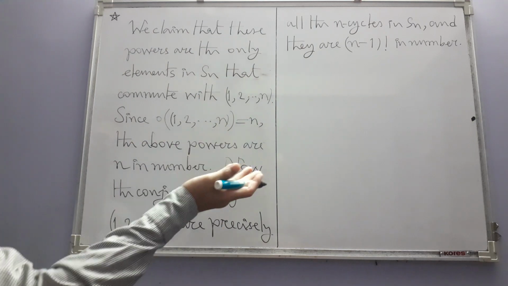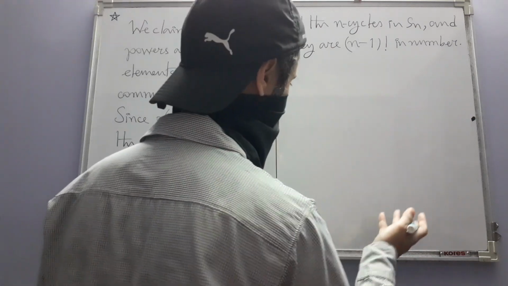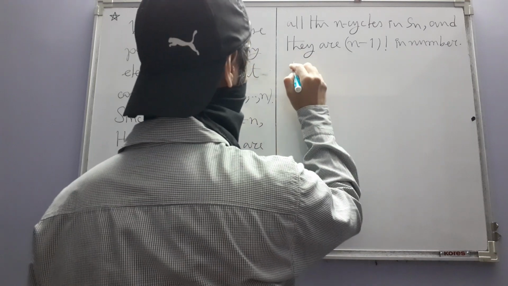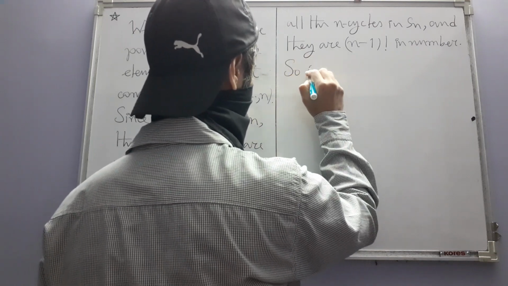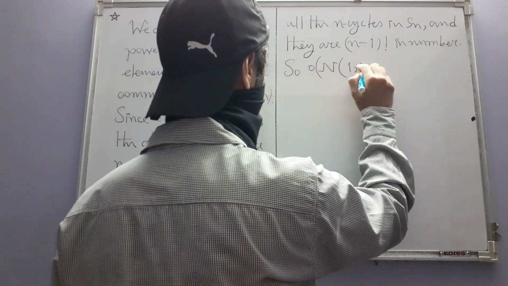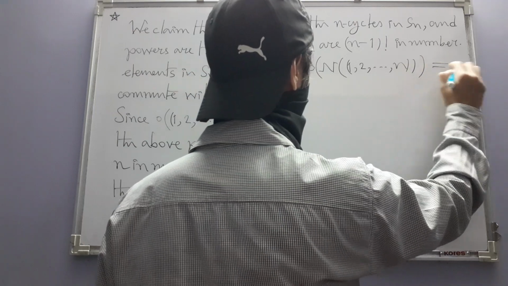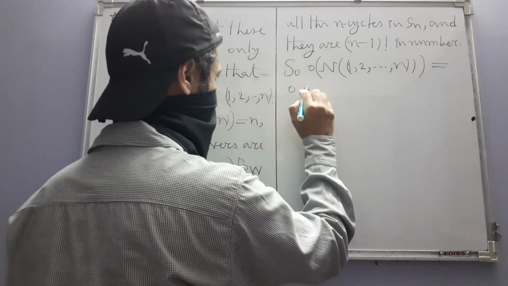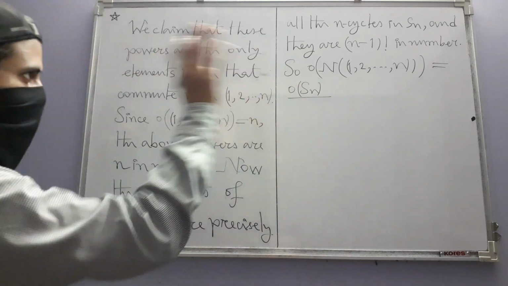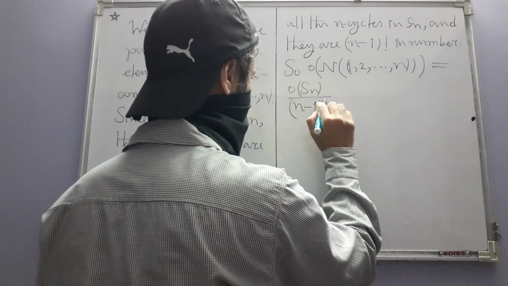So since we know how many conjugates there are now, we can calculate the order of the normalizer of this. So this will be equal to the order of the group divided by that number, the number of conjugates.